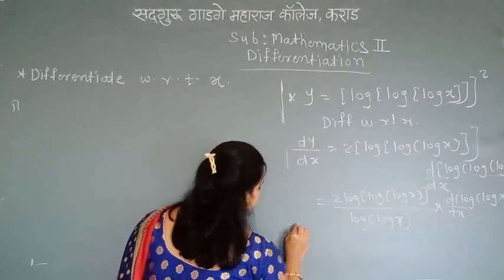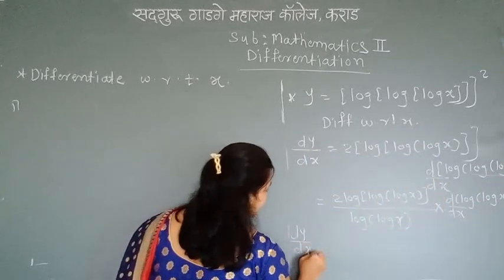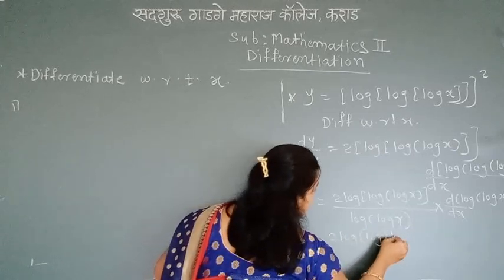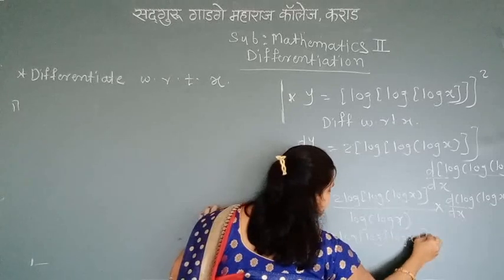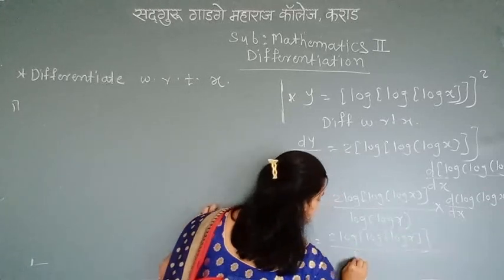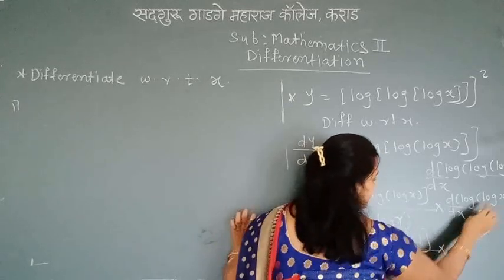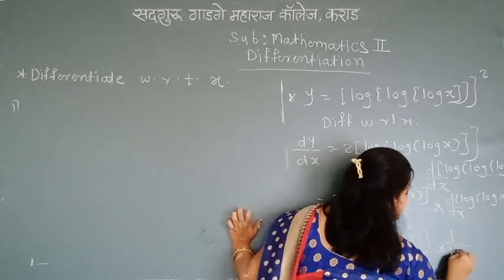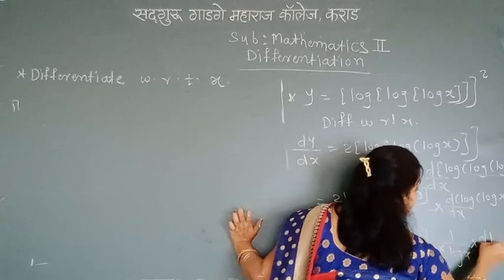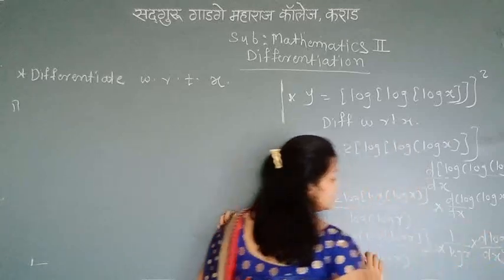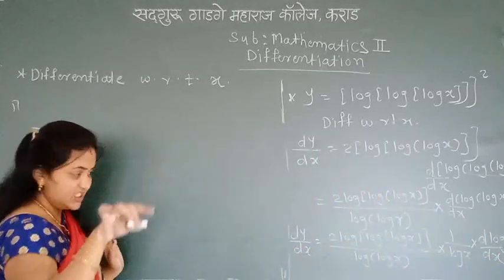So we get here dy by dx is equal to 2 times of log of x divided by log of x multiply derivative of this term 1 upon log of x, and again a derivative of log of x which is a standard function with respect to x. So what is the derivative of log of x, which is 1 upon x.